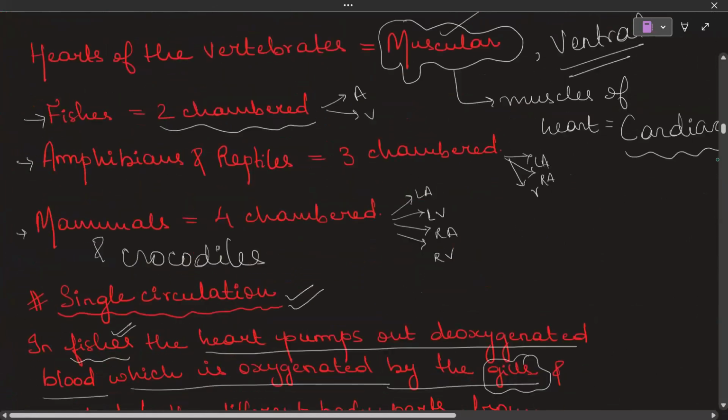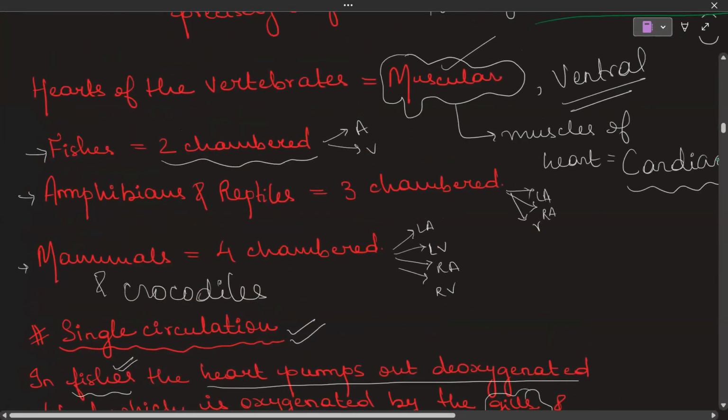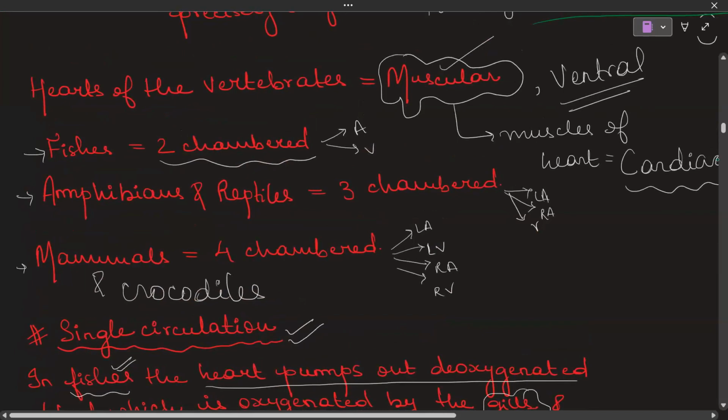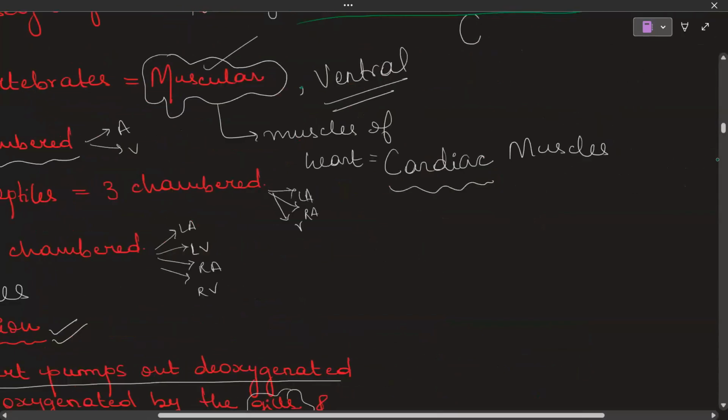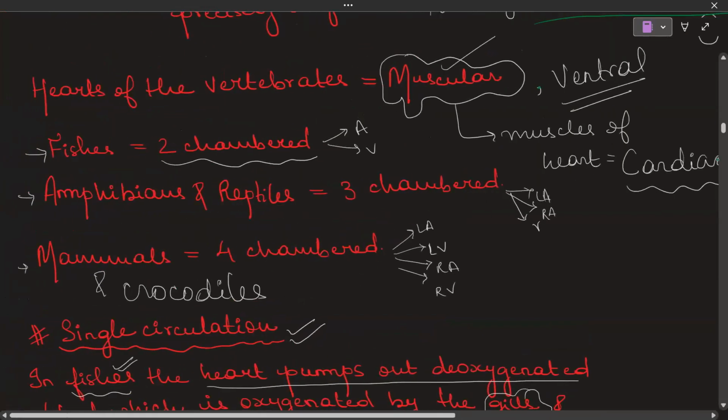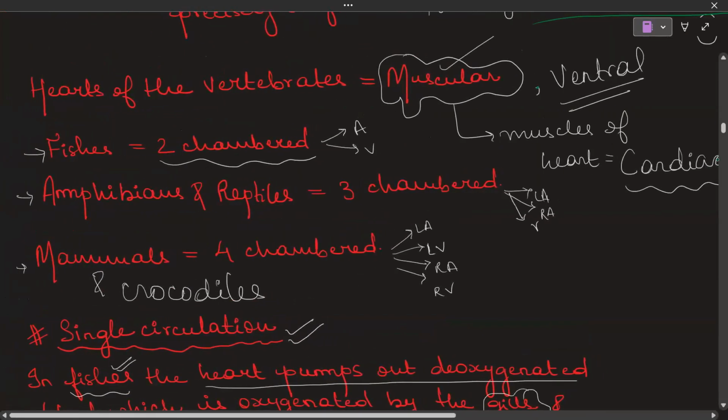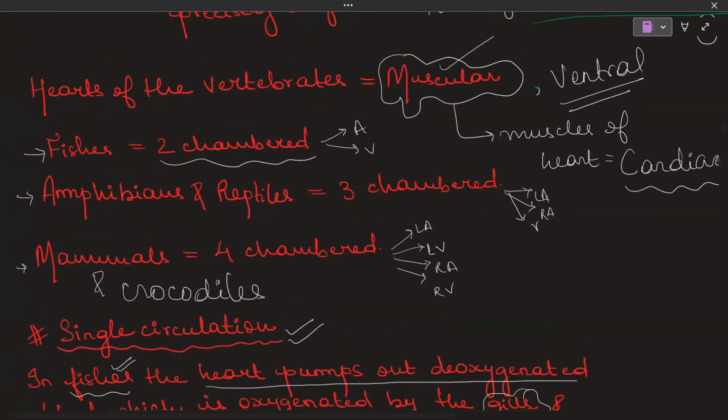Now, talking about the hearts of the vertebrates, it is muscular and it is ventral, not dorsal. And we already know that the muscles of the heart are known as cardiac muscles, right? Different organisms under the vertebrates have different chambered hearts. We know that fishes have a two-chambered heart in which they have one auricle and one ventricle.